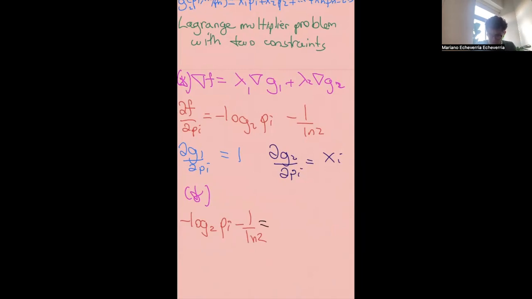So you get lambda 1. And then lambda 2 times the partial derivative coming from this term. So you get lambda 2 times x_i.